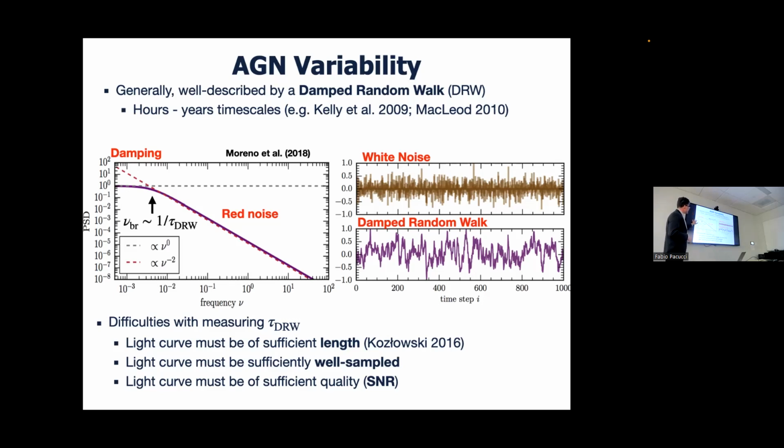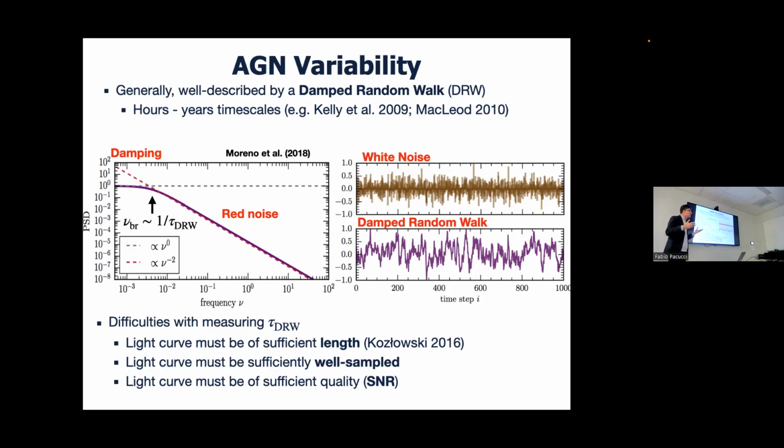What we see is this red noise pattern, where you have frequency to the -2 power. Then on longer time scales, or lower frequencies, there's a turnover, which means the variability power flattens or dampens on longer time scales.